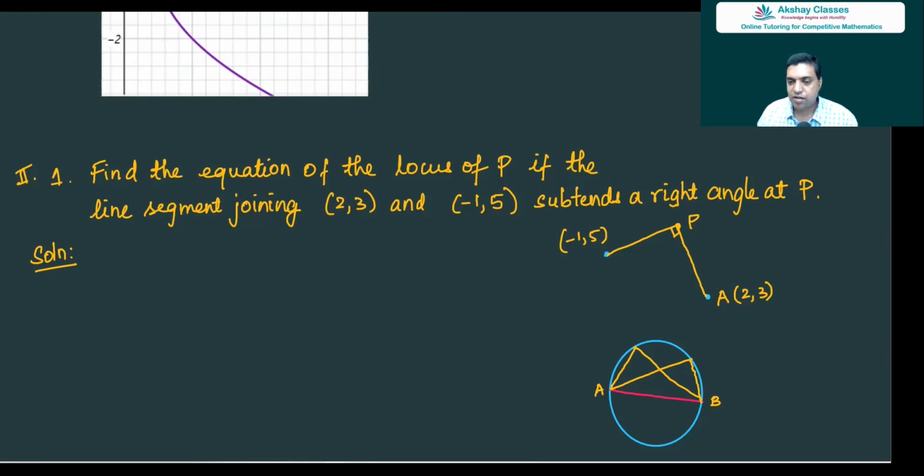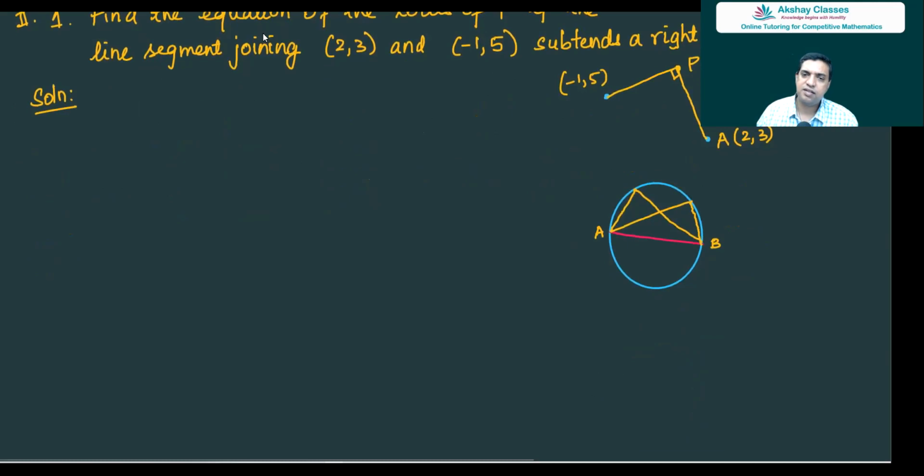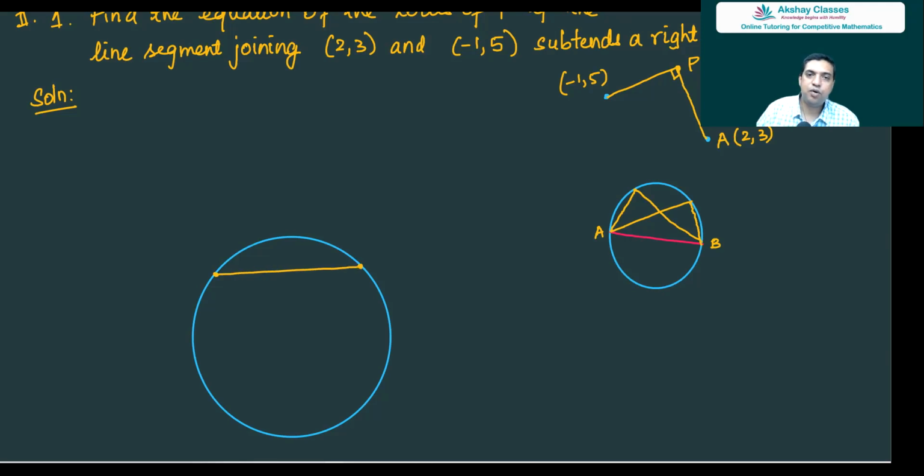This chord, have you done this in minor segment, major segment of a circle? Okay, this is a circle. Suppose this is a chord of a circle. What angle will the chord subtend on the minor segment?